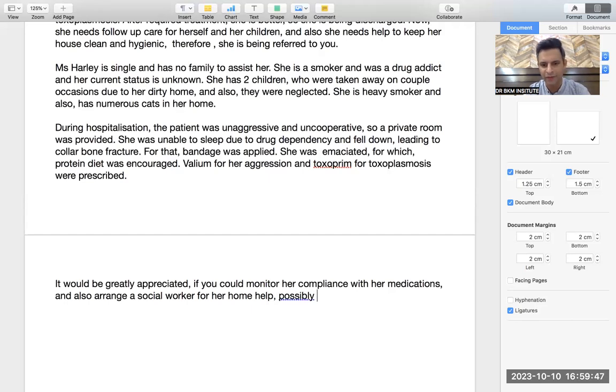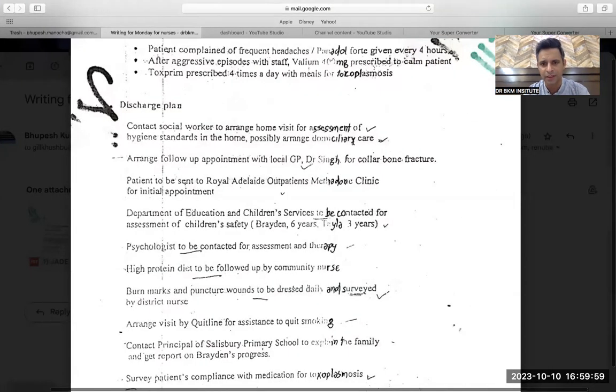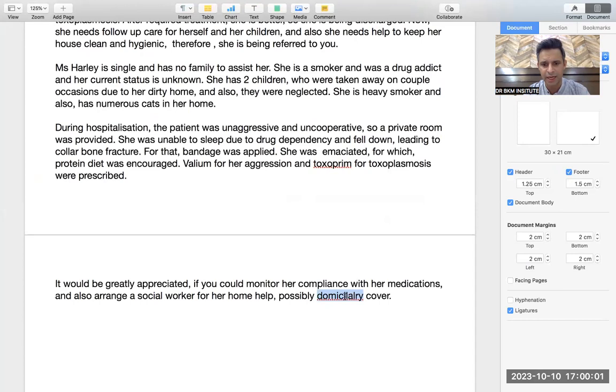So now I have covered all my important points. Rest is all about writing, just that her parents should be informed, her school should be informed, and this domiciliary spelling: D-O-M-I-C-I-L-I-A-R-Y.